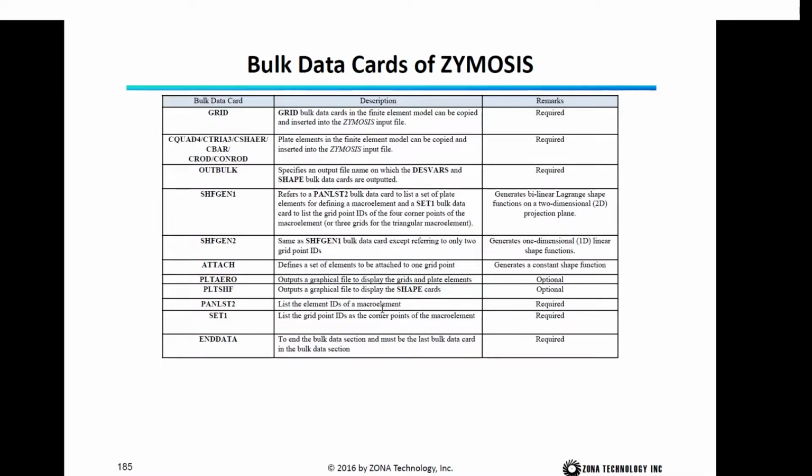And PANELIST2 is to list out the IDs of a micro element. And SET1 to list out the grid IDs of the corner points of macro elements. You have to end the box data card section by END DATA.